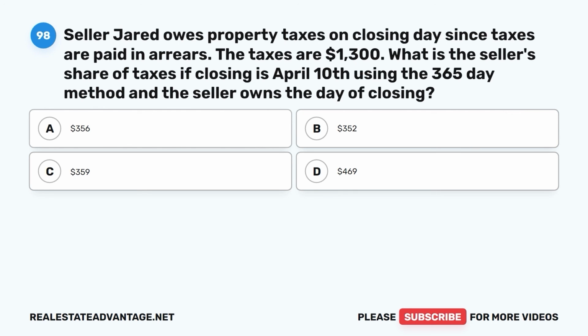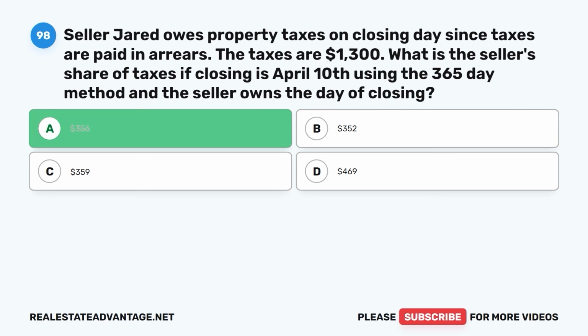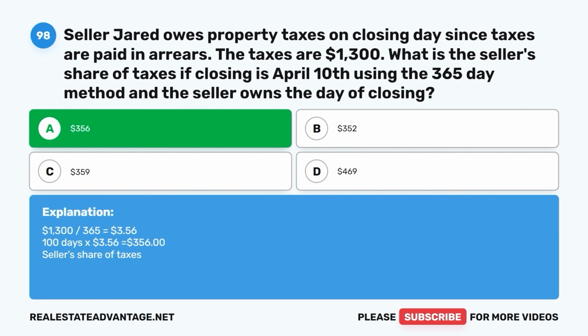C. $359. D. $469. The correct answer is A. $356. $1,300 divided by 365 equals $3.56. 100 days times $3.56 equals $356.